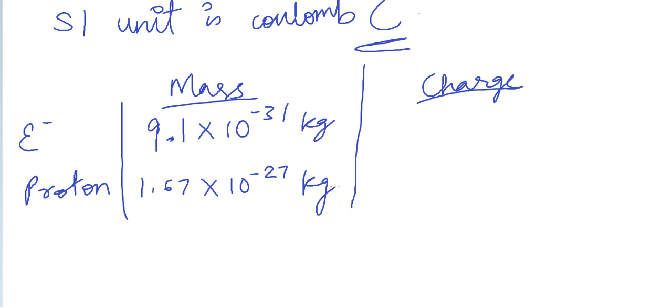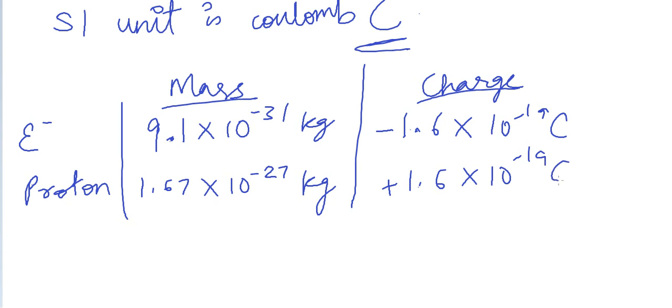From here you can make out that electron has a lower mass than proton. Coming to charge, it is exactly equal and opposite. The magnitude is equal, whereas the charge is opposite.